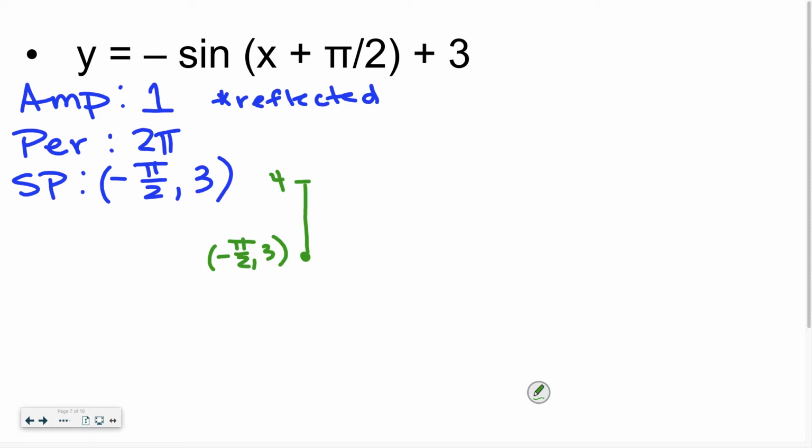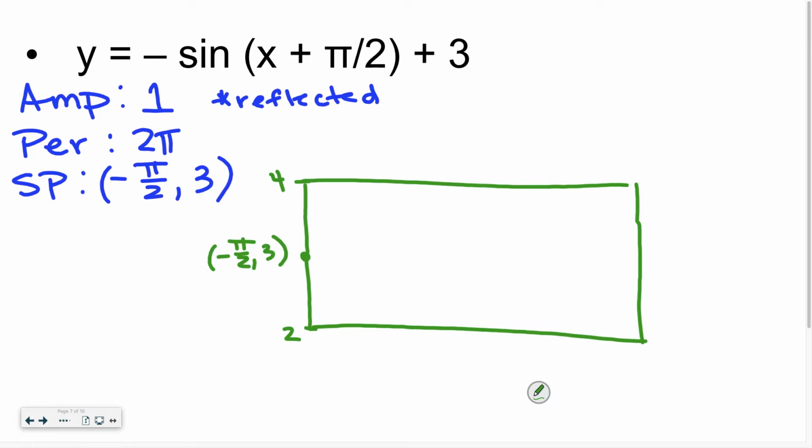And then we're going to go down our amplitude of 1, and so the bottom of our frame is at 2. Then we're going to draw a rectangle the length of the period. Not the greatest rectangle I've ever drawn.